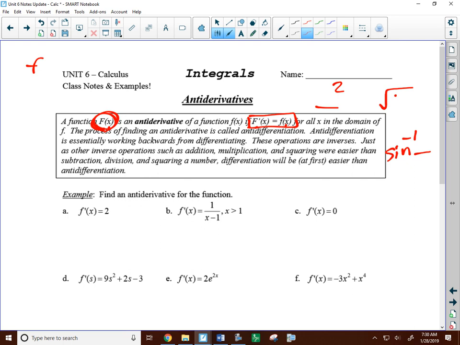Just as if you squared the square root of 4, it would take you back to 4 instead of 2, then it would be 2 squared, which is 4. So you might ever say antidifferentiation, just as differentiation was finding a derivative. Antidifferentiation is finding an antiderivative.